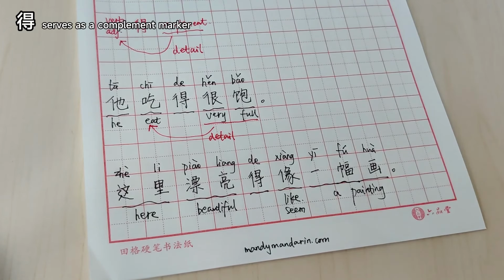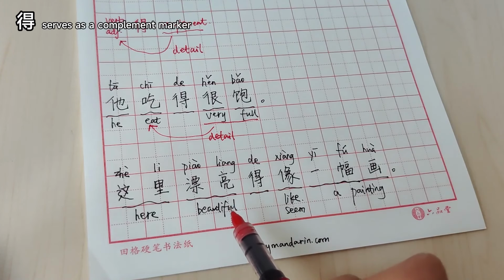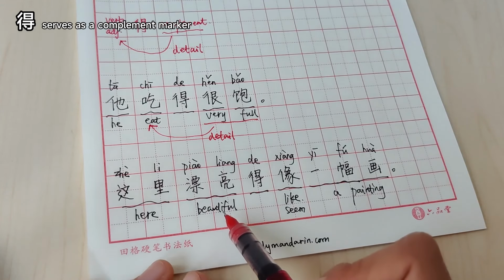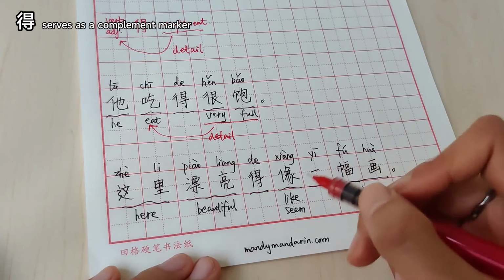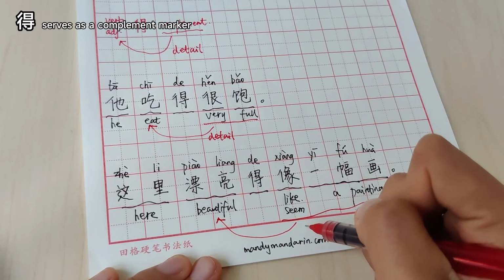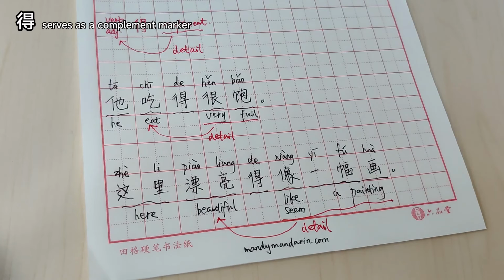Okay, so let's see. 漂亮 is the adjective. We know, wow, it's beautiful. But how beautiful is that? So now we have the details, like a painting. It provides the details for it. It's so beautiful that it seems like a painting.